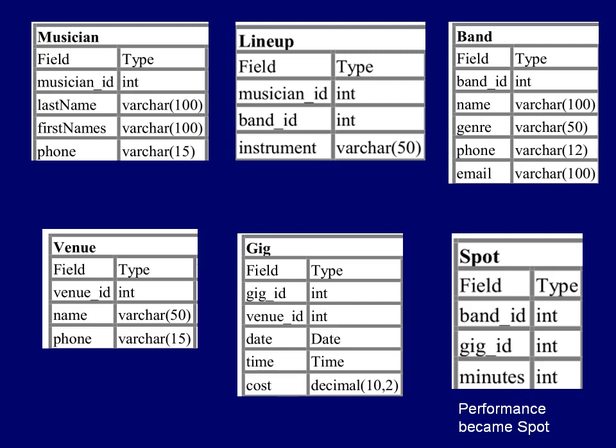So lineup must have a musician ID and it must have a band ID. Can have other things. For example, here we've got instrument because, of course, a musician might play bass in one band and rhythm in another. And spot. Because this is keeping information about the band's gigs, we've got to have the band ID and the gig ID in it.